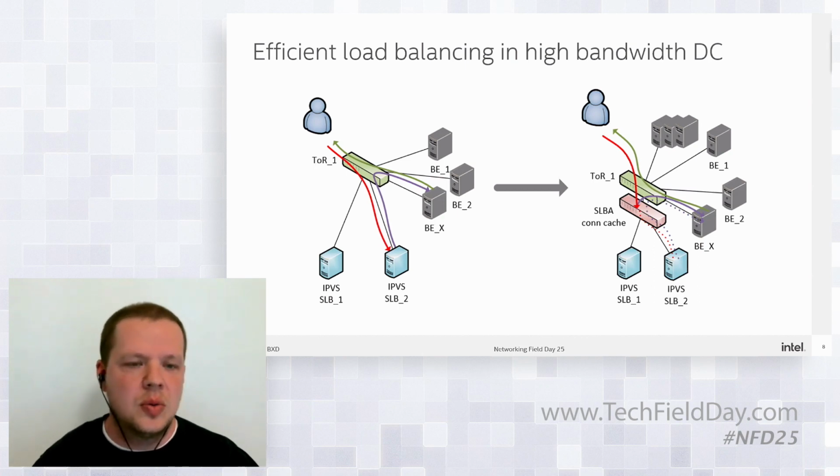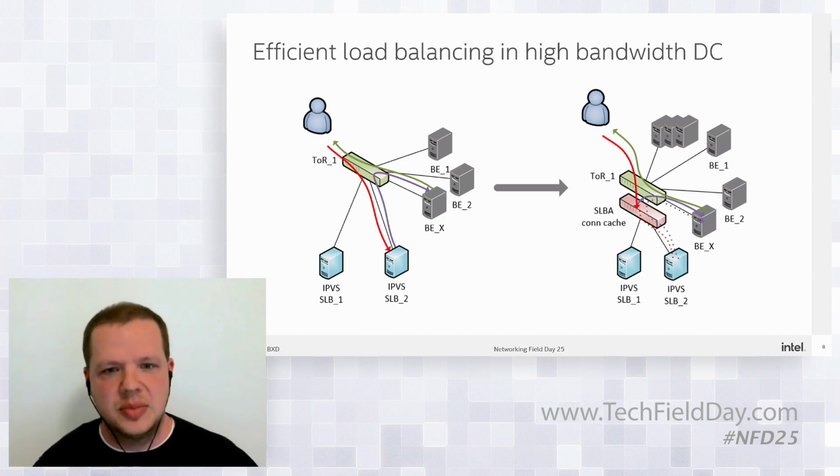And the flow is very similar to the previous case, at least at the beginning of a new session. The client traffic goes into the data center. It first needs to go to the IPVS for the software to make a decision where to forward the traffic.